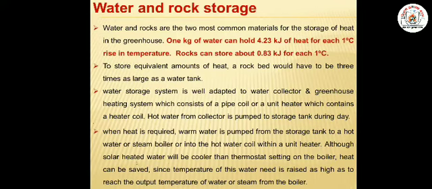Although solar heated water will be cooler than the thermostat setting on the boiler, heat can be saved since the temperature of this water need only be raised to reach the output temperature of the water or steam from the boiler.